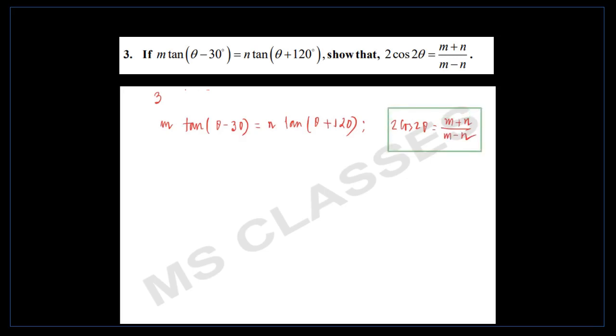Now, here, how to understand is the componendo and dividendo? This one, children. We have to prove this one, no? So this is telling you to do so. So here you take m by n on one side and rest on the other side.